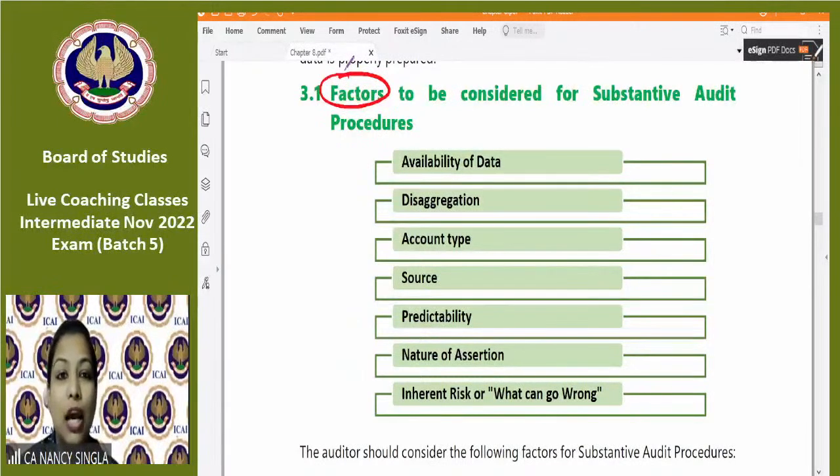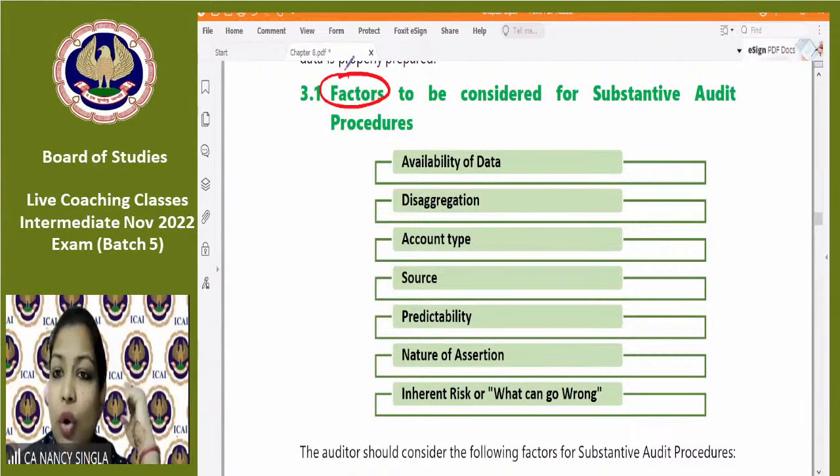Okay? Now tell me, in a situation where my client is Indian Railways, which is a monopoly in itself, there is no comparable data. Can I apply such an analytical procedure? Obviously not. I am giving you the example of GP ratio again and again.